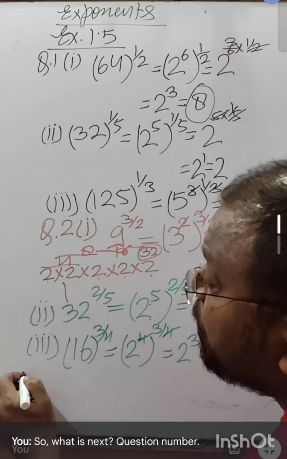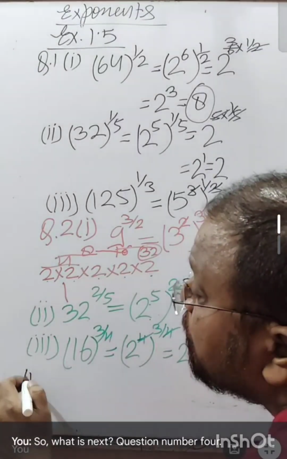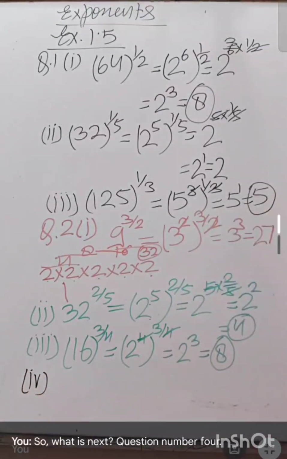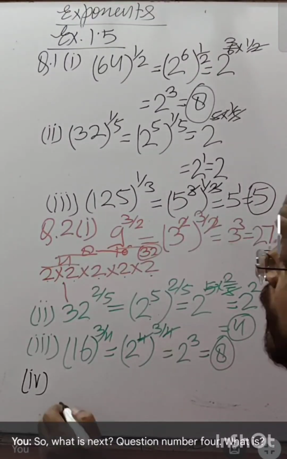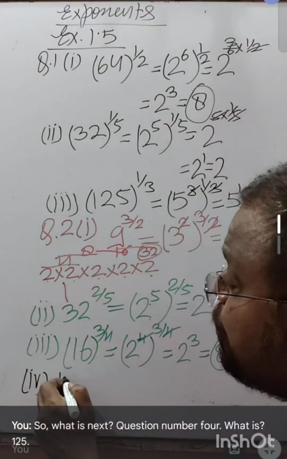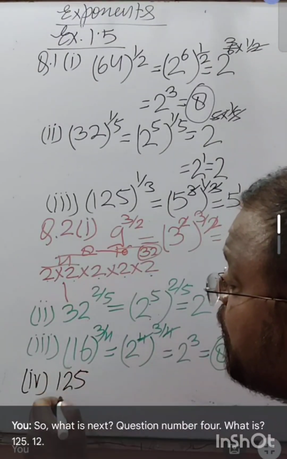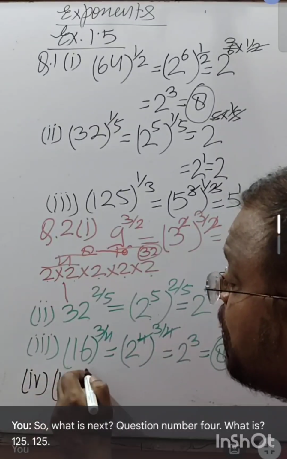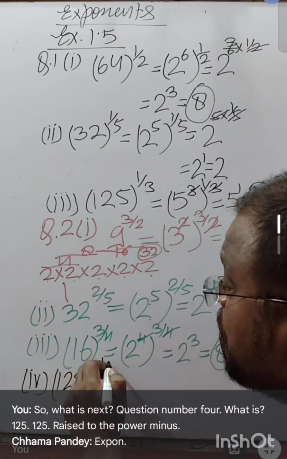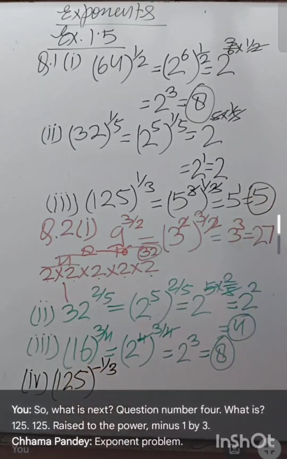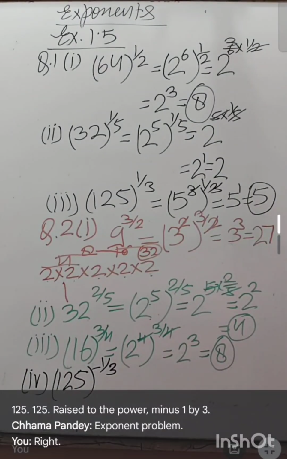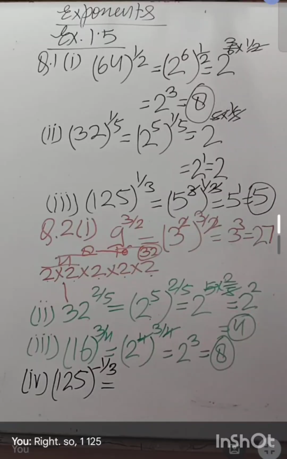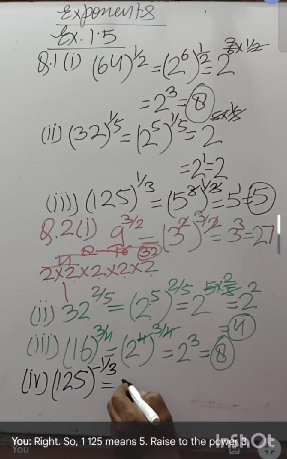Question number 4. What is 125 raised to the power minus 1 by 3? 125 means 5 raised to the power 3.